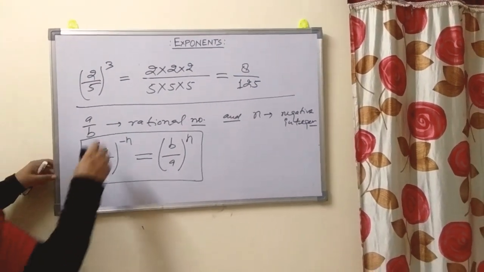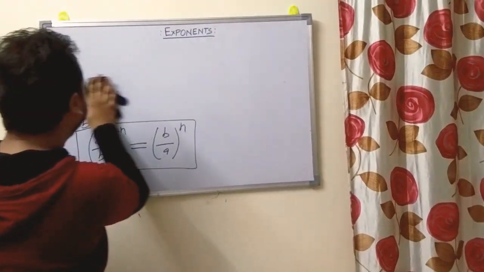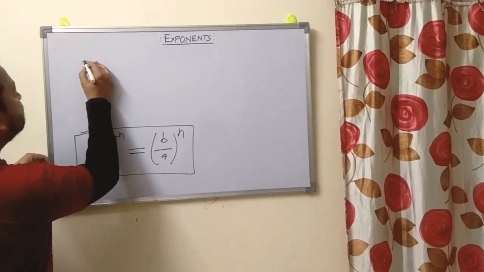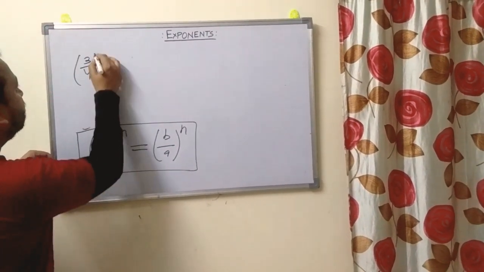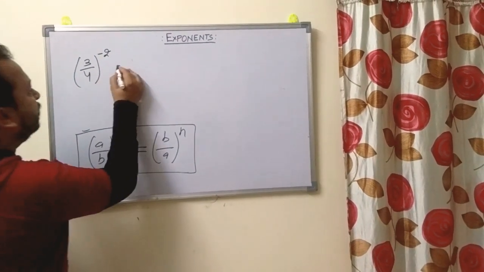We're taking an example to understand this. It is written as (3 by 4) power minus 2, right?